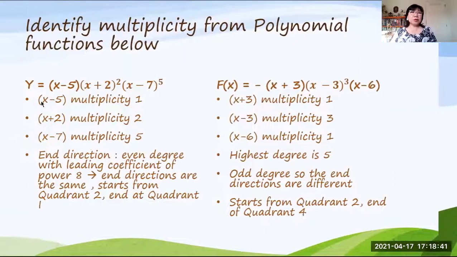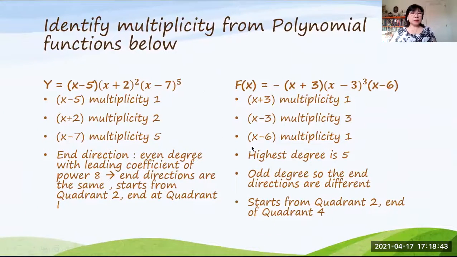So here we'll give you a more thorough understanding about the multiplicity and the shape of the polynomial function. So let's take a look at it. You have a function y equals the bracket x minus 5, the bracket x plus 2 to the power 2, the bracket x minus 7 to the power 5.